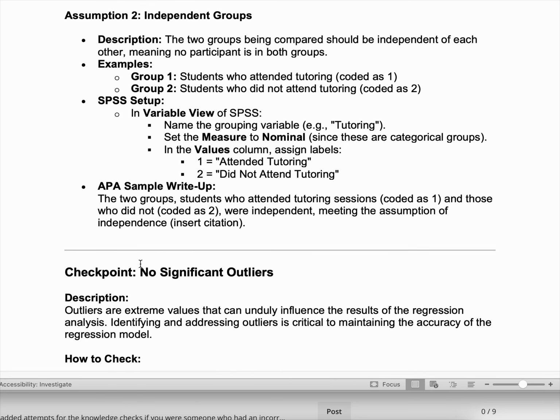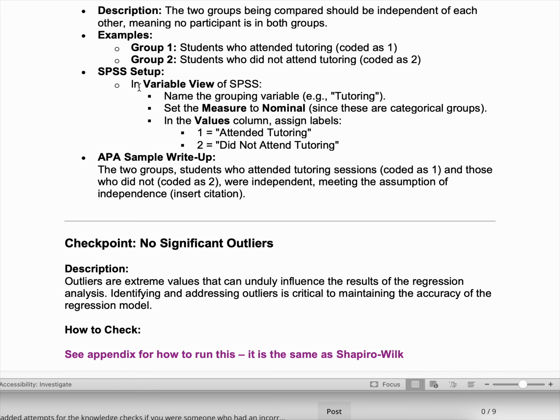And so here you're going to notice I have some information that when we go into the variable view of SPSS, and you'll see this in the SPSS video, we go into that grouping variable and we look at the values and the labels for that so that we can articulate it correctly in our write-up. So here in the values column, I assigned the number 1 to attended tutoring and the number 2 to did not attend tutoring.